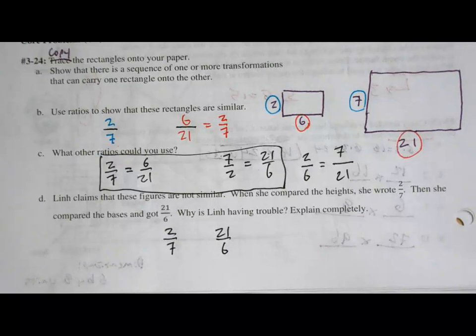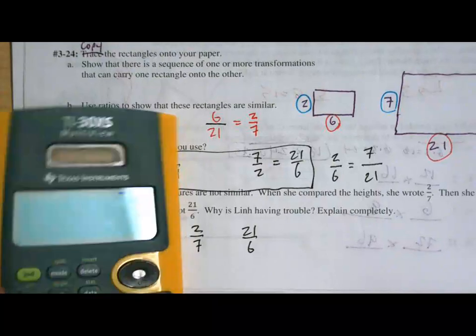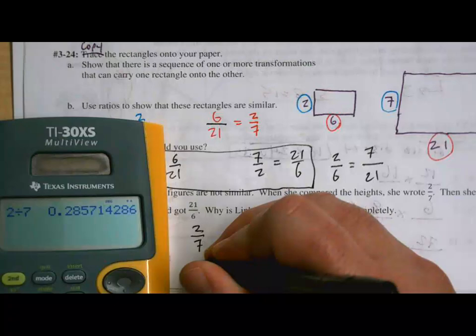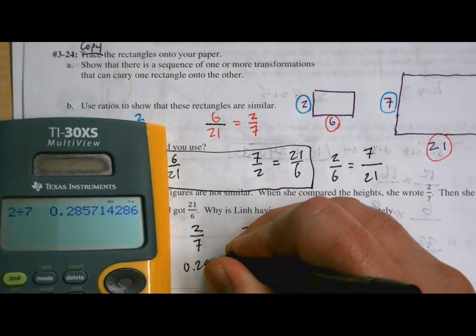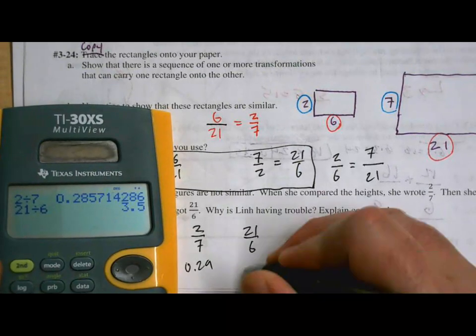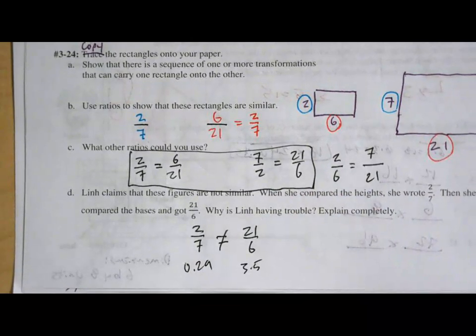And if I grab a calculator and I try and make some decimals out of that, 2 over 7 is about 0.29. And 21 divided by 6 is about 3.5. And those don't match. They're not equal to each other. So Lynn's saying because the ratios are not equal, they're not similar.